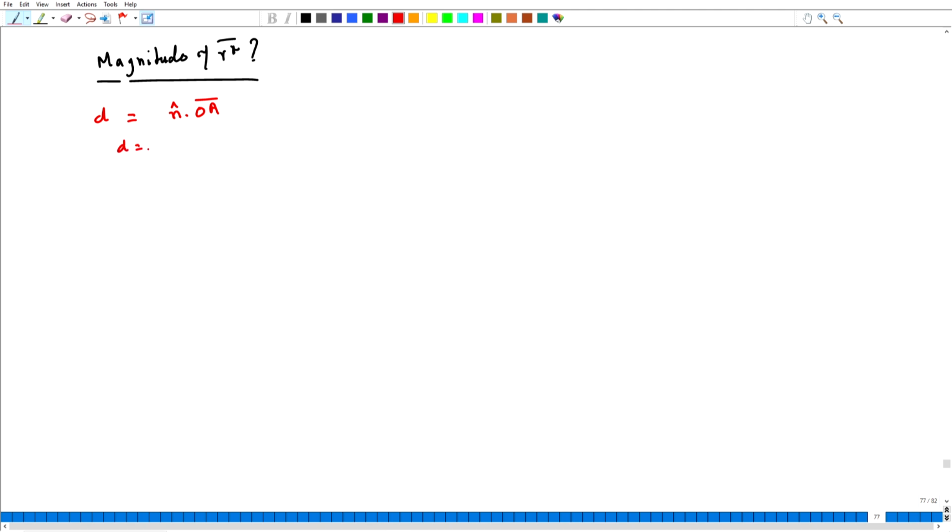So, D is the interplanar spacing of the plane HKL.